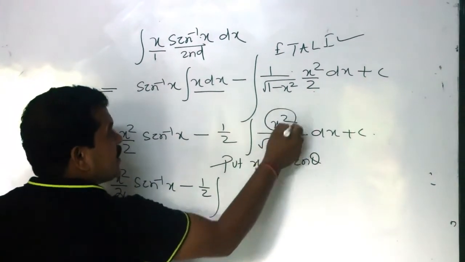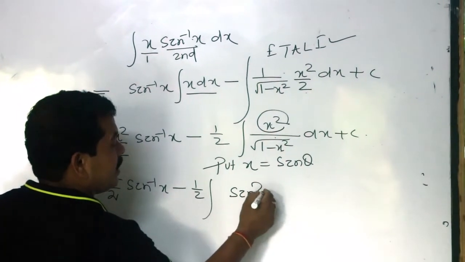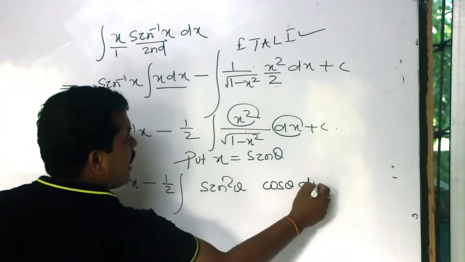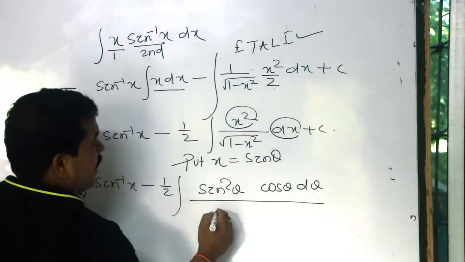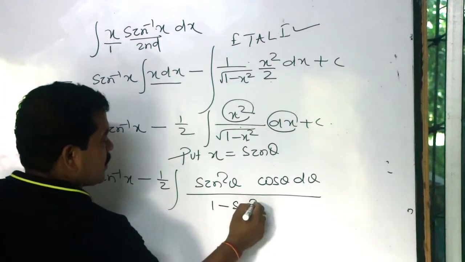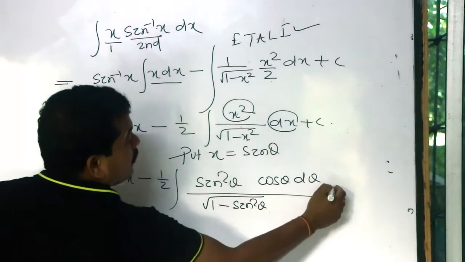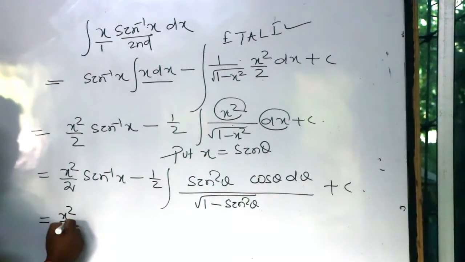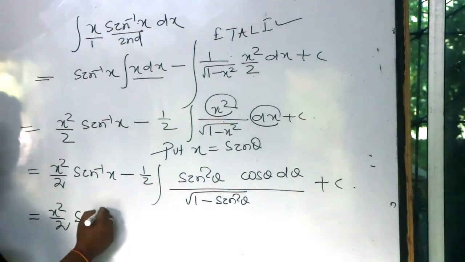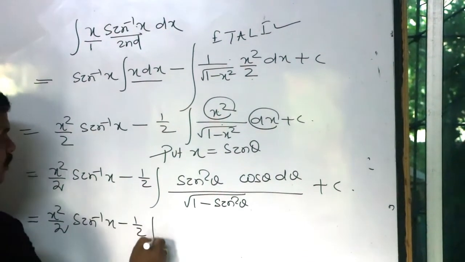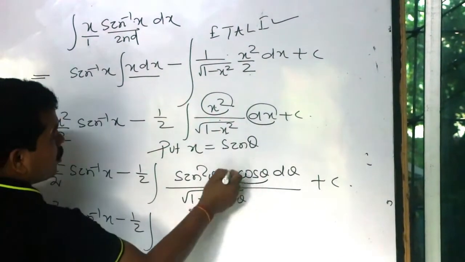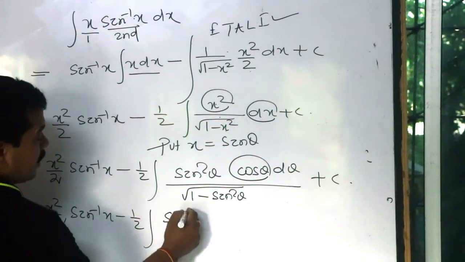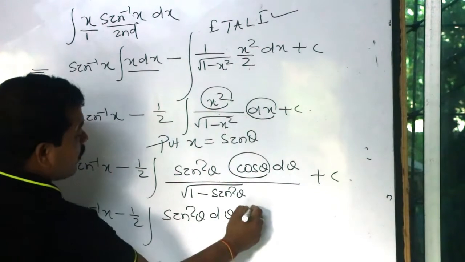Here instead of x square we write sine square theta, instead of dx we write cos theta d theta, and 1 minus x square means square root of 1 minus sine square theta, plus c. This is cos theta, here it is also cos theta. Cancelling these two terms, we have sine square theta d theta plus c.